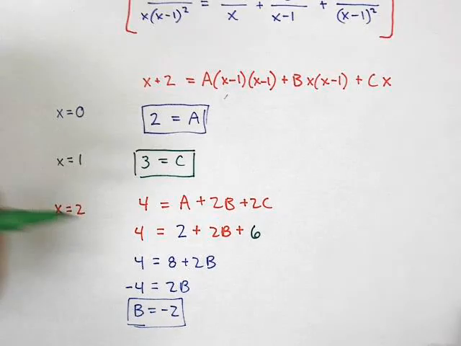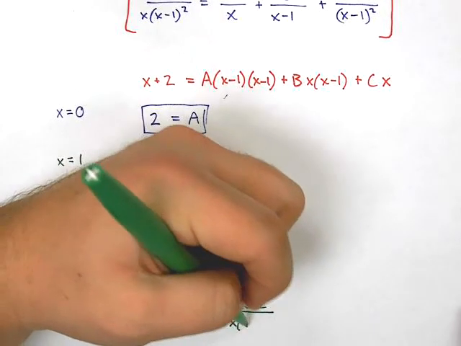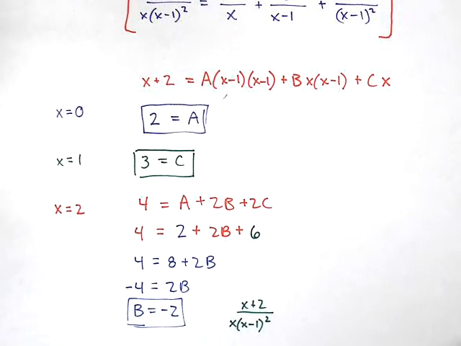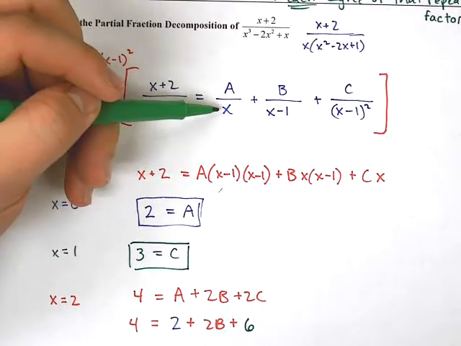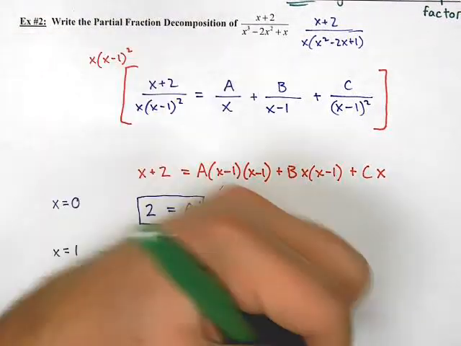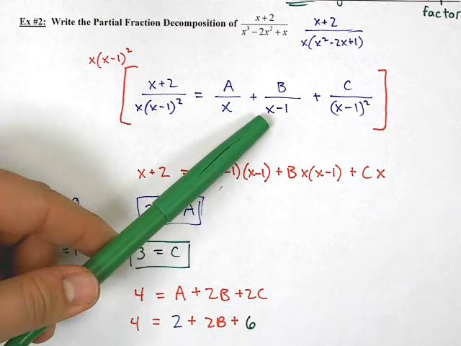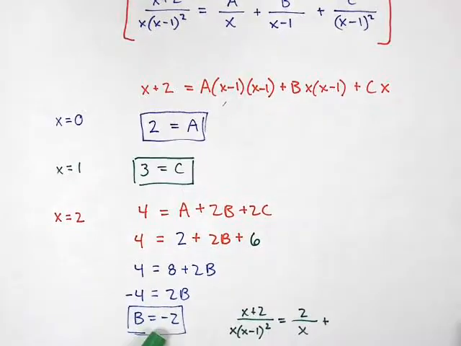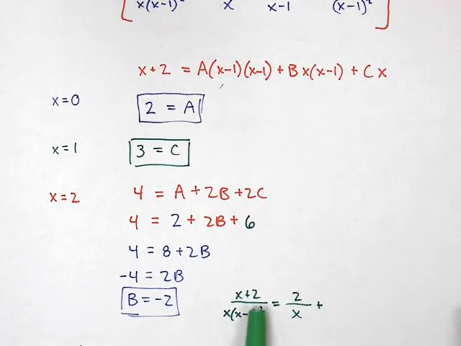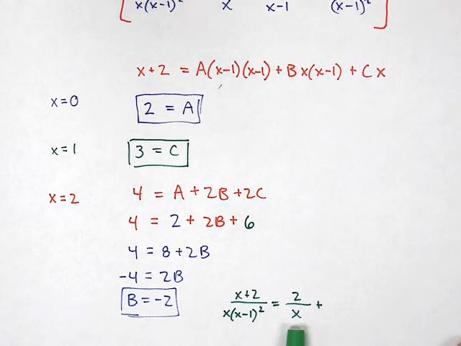We can say x plus 2 over x minus 1 squared will equal, well, let's go back. A over x, my a value was 2, so 2 over x plus b over x minus 1. b was negative 2. Oh, sorry guys, my bad. x plus 2 over x times x minus 1 squared equals a over x, or 2 over x.